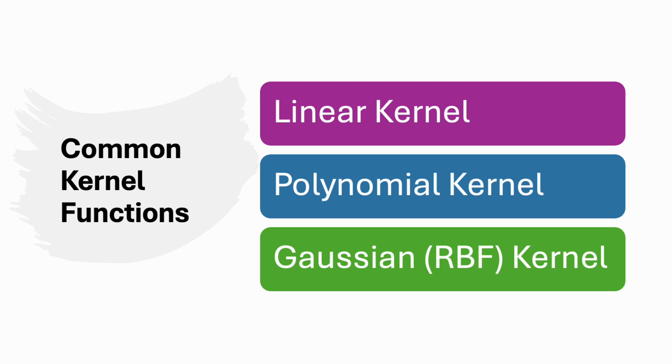The common kernel functions. Now let's look into each of these in a little bit more depth. The linear kernel is the simplest type of kernel, used when the data can be separated by a straight line or a flat plane in high dimensions.